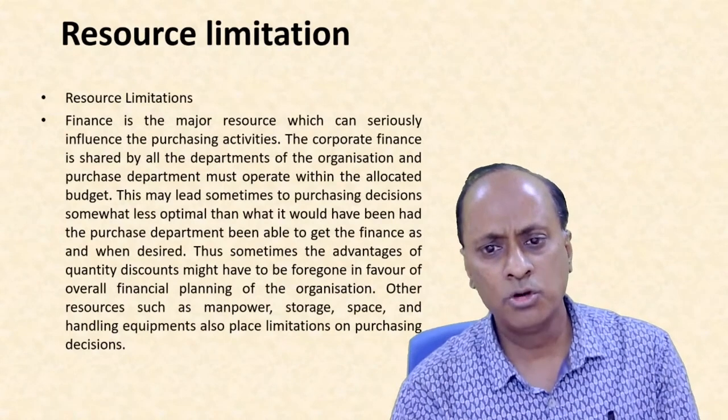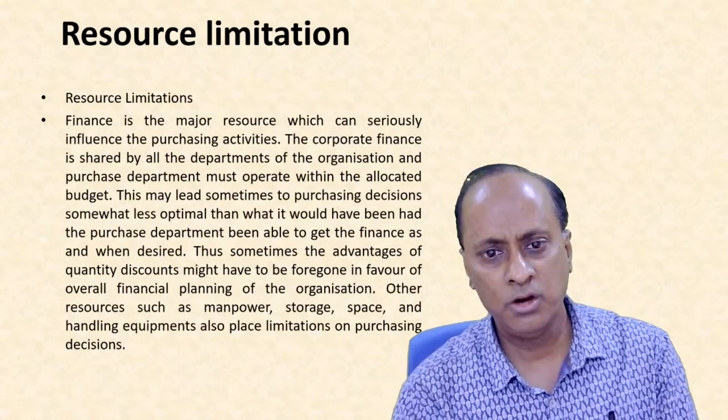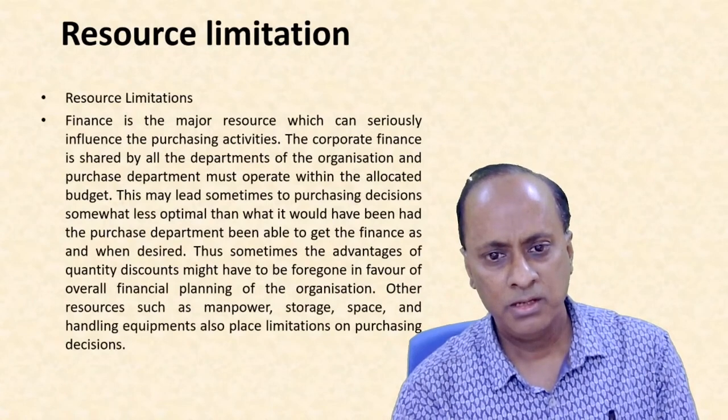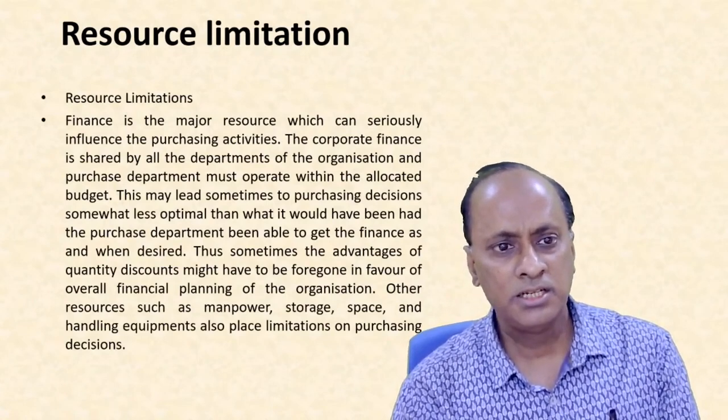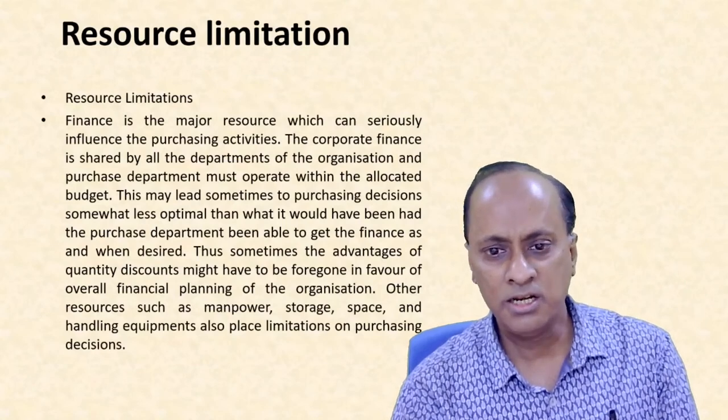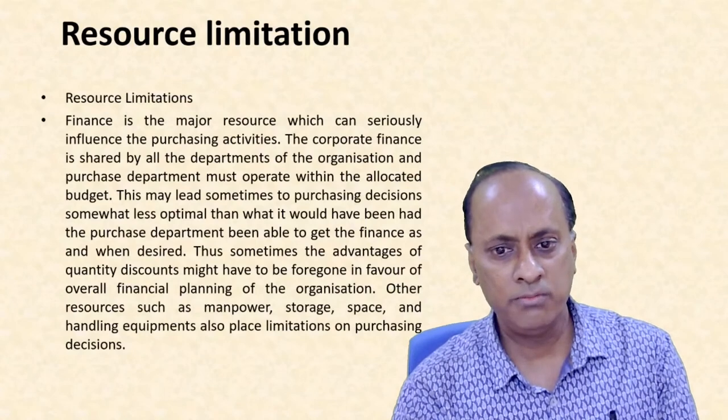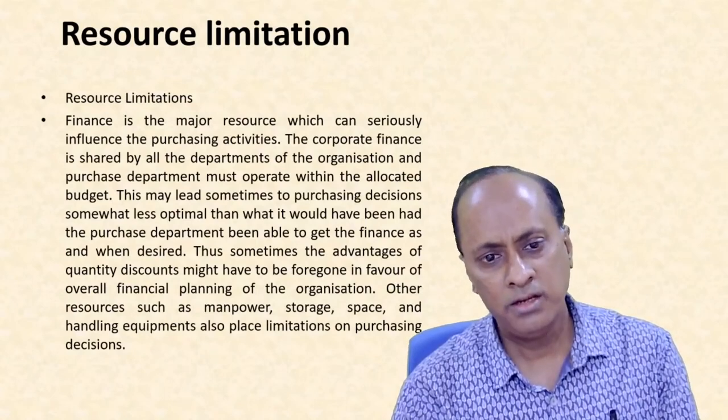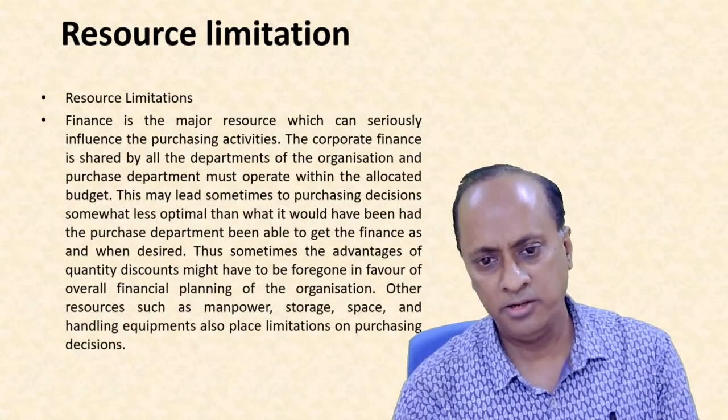That means more money is allocated, but we are not able to utilize that. That would not have happened if we had purchased material in a decentralized way, where each department would have given their requirement and finance would be available as and when they give such indent.